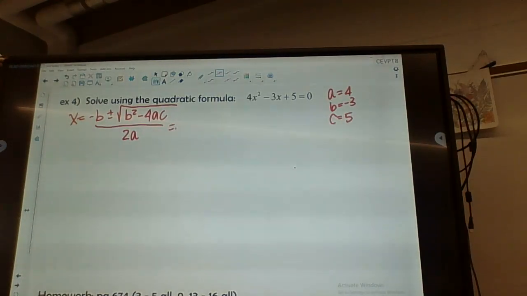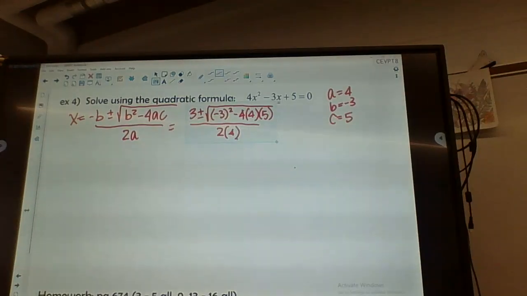So negative b, so negative 3 would be positive 3, plus or minus b squared minus 4 times a times c, all over 2a. And you guys catch yourselves singing over 2a.